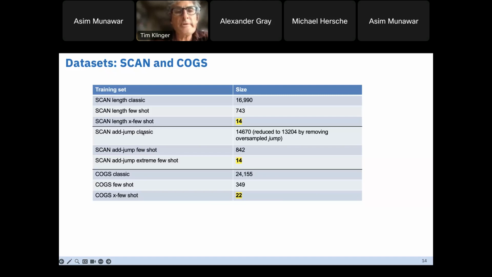But we also created few shot and what we called extreme few shot versions of these data sets to be able to test our few shot capabilities in this model. The way the few shot data set was created is we sorted the original data set by length, looped through, and parsed each input sentence, rejecting any that had the same parse as one we've already seen.